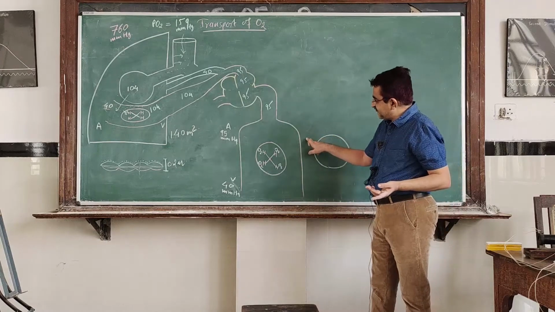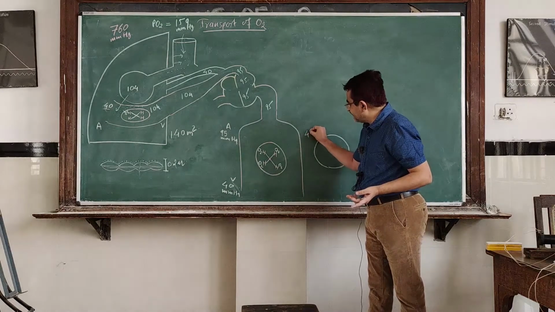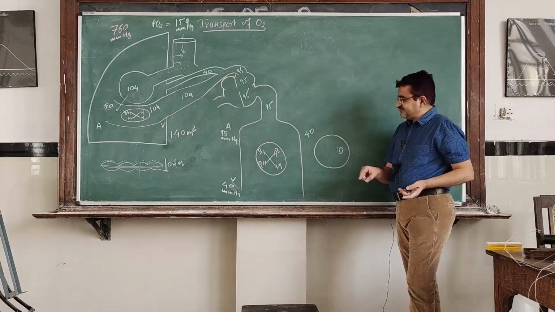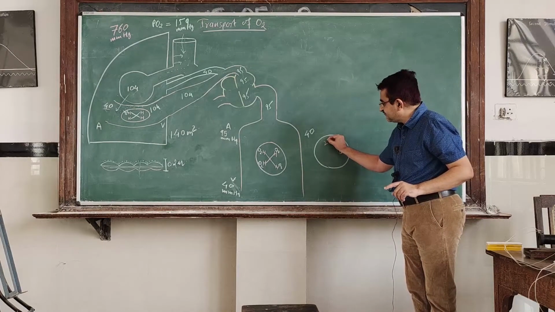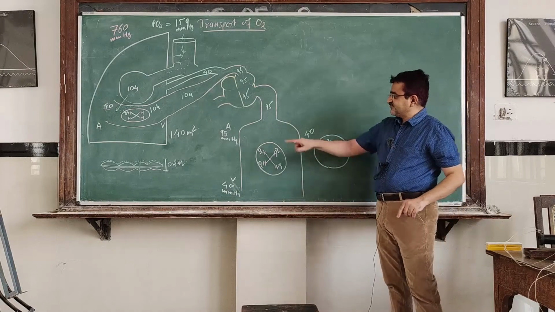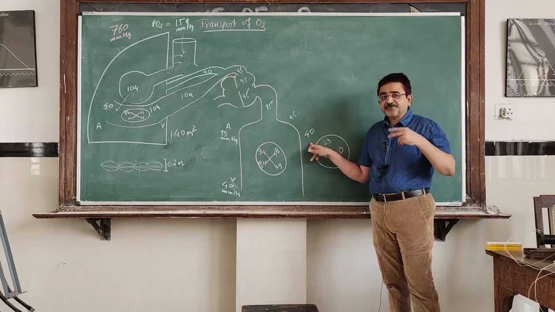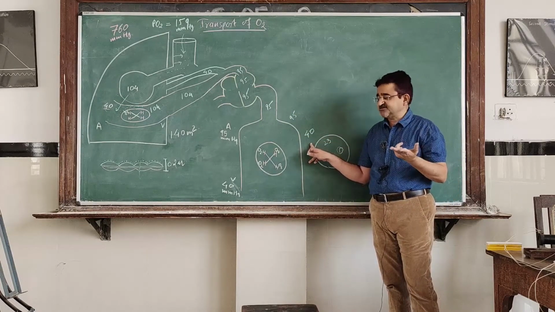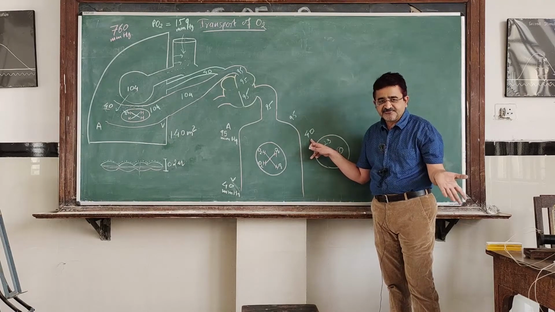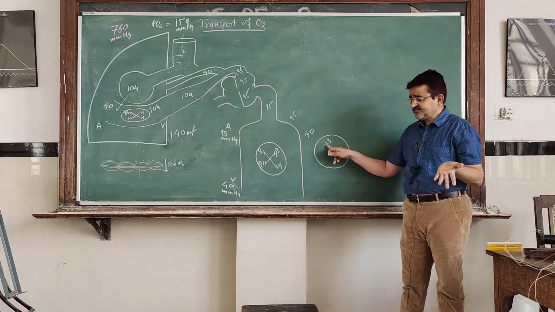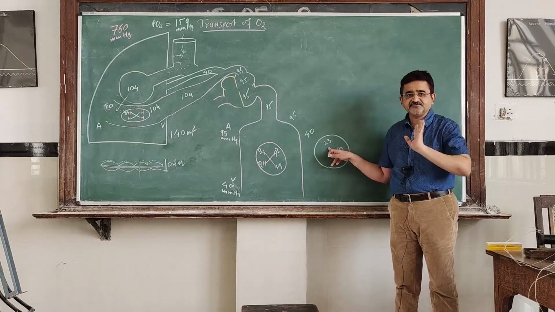The partial pressure of oxygen in the interstitial fluid is 40 millimeter of mercury, and the partial pressure of oxygen in the cytoplasm of the cell is 23 millimeter of mercury. So it is very clear that a pressure gradient is present for oxygen across the capillary membrane, 95 minus 40, that is 55 millimeter of mercury, and across the cell membrane it is 40 minus 23, that is 17 millimeter of mercury.